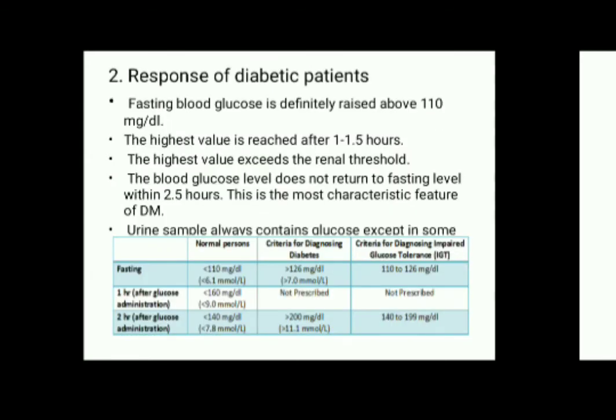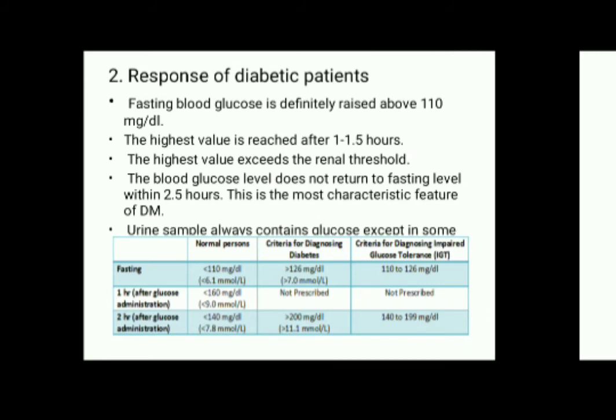Response of diabetic patients. Fasting blood glucose is definitely raised above 110 mg per dl. The highest value is reached after 1 to 1.5 hours. The highest value exceeds the renal threshold. That indicates that glucose is excreted in urine.